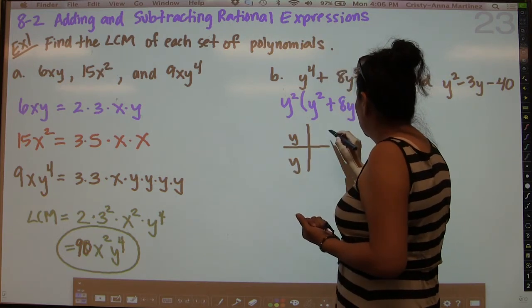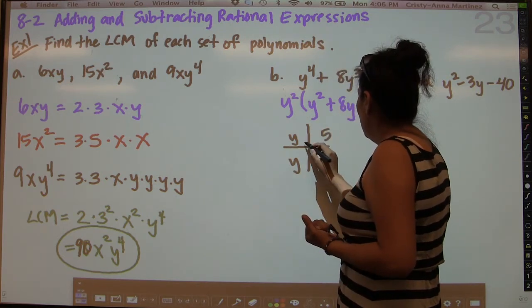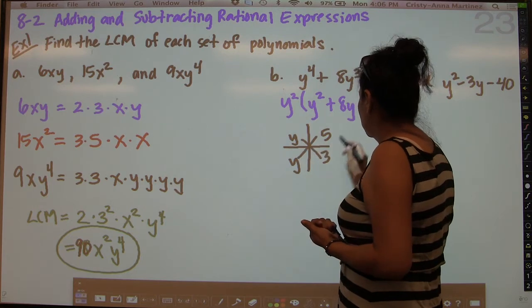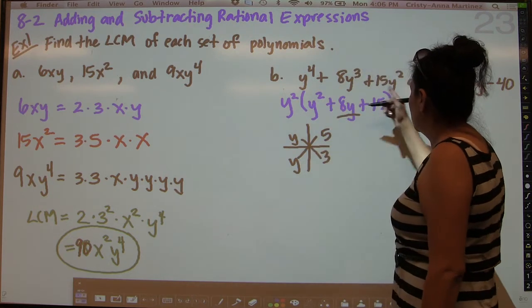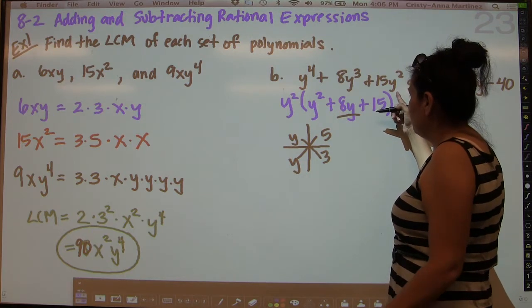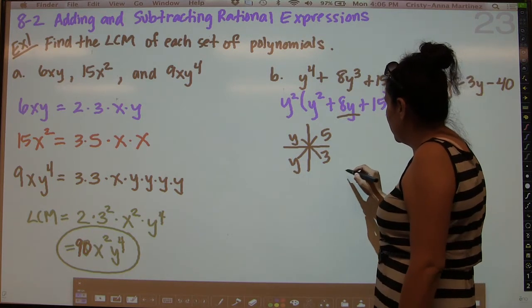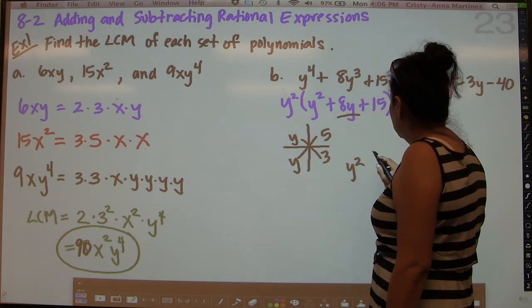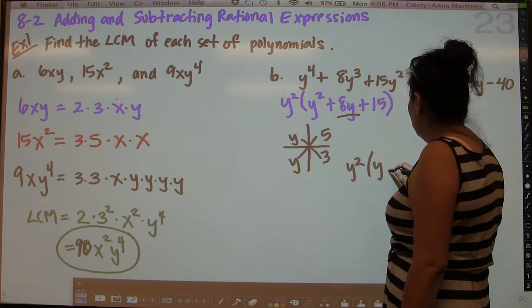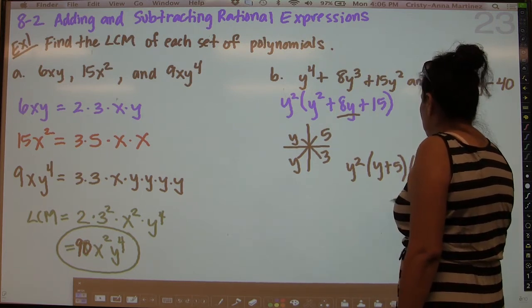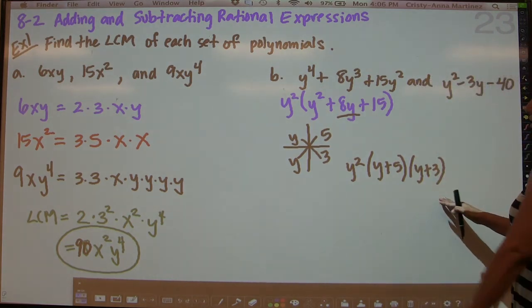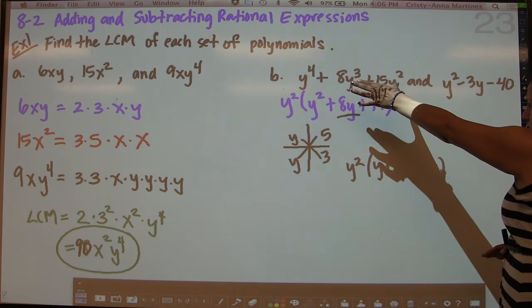For 15, we can do 5 times 3. 3y plus 5y is going to give me 8y. So it turns out that this very first term, complete factorization, is going to be y squared times y plus 5 times y plus 3. Those are all of the factors of the first term there.